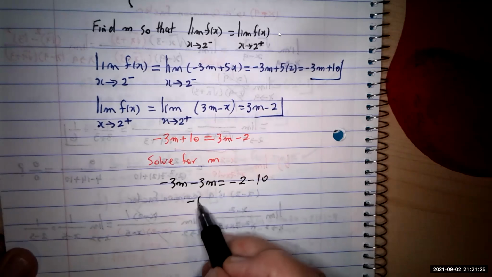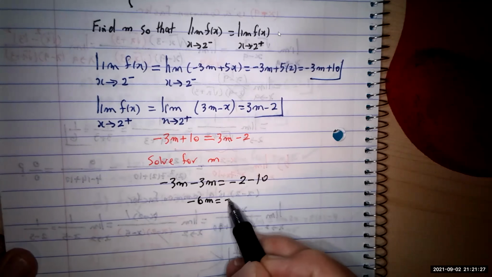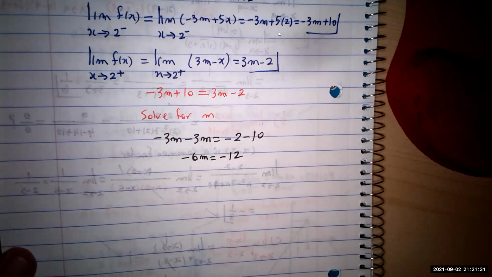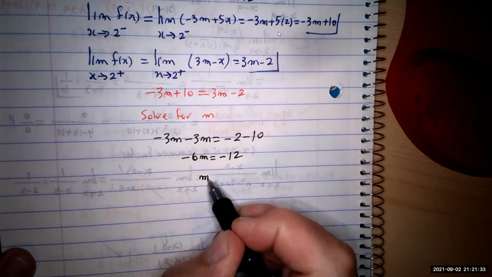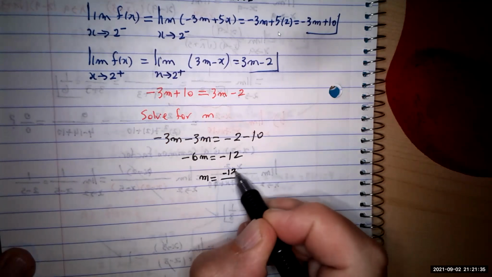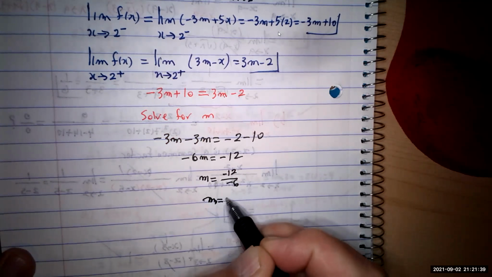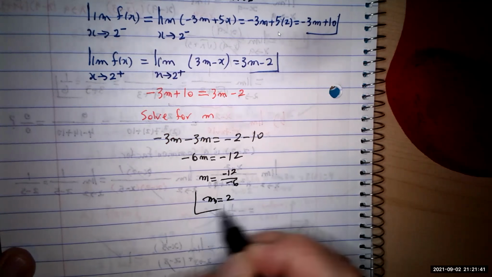That gives you negative 6m equal to negative 12. Find the m. M is negative 12 over negative 6. Okay, m is equal to 2.